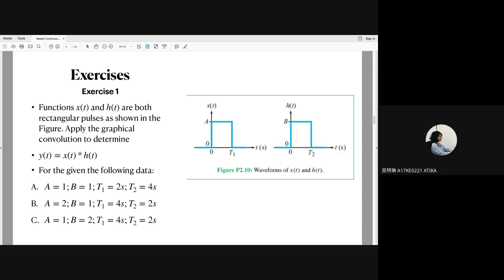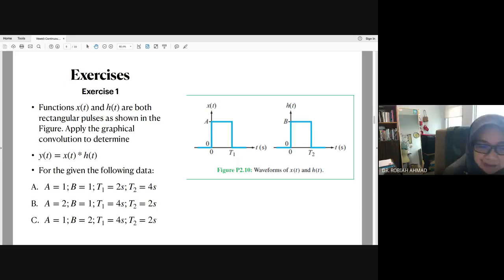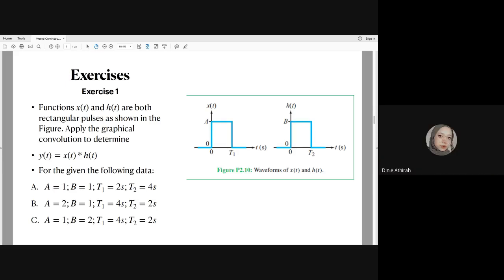Dapat? Dapat, doktor. Dapat semua tiga-tiga. For the A one, right? Okay, I'll let you share your answer. Sekejap. Proceed with B and C as well.